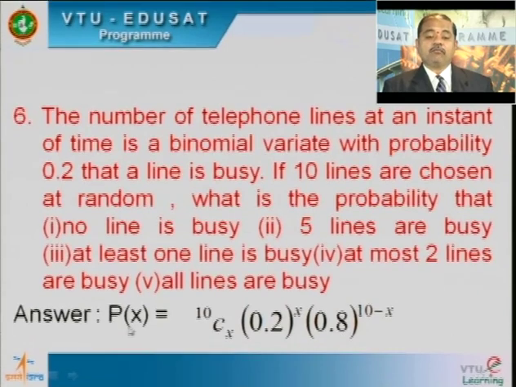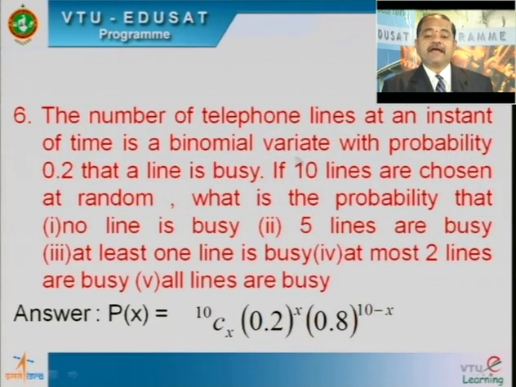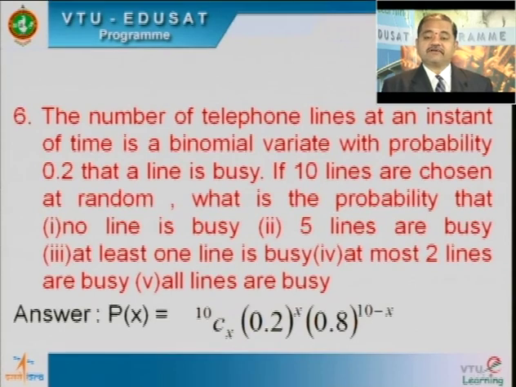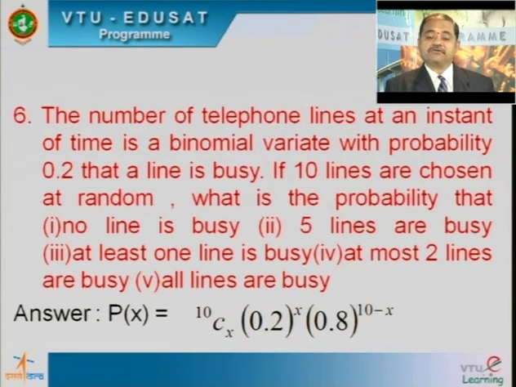If 10 lines are chosen, n is 10. So 10Cx 0.2 power x 0.8 power 10 minus x. That is the probability density function for the binomial distribution for this problem.